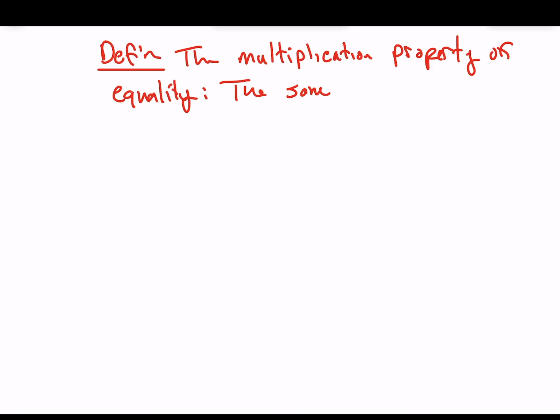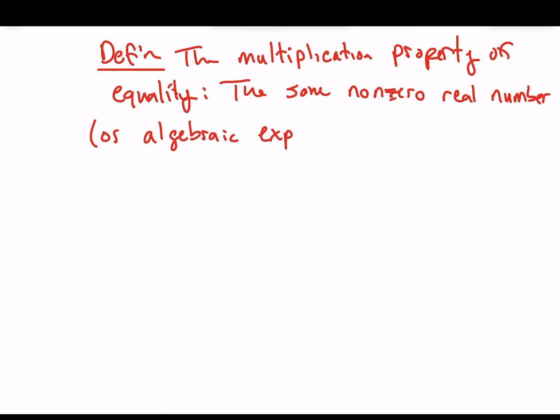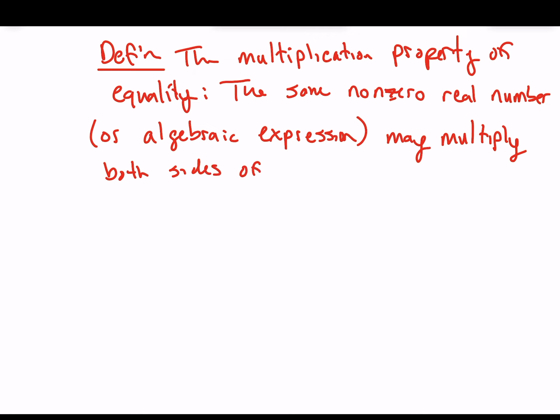The same non-zero real number or algebraic expression may multiply both sides of an equation without changing the solution.